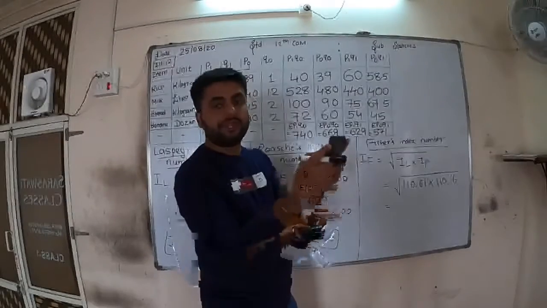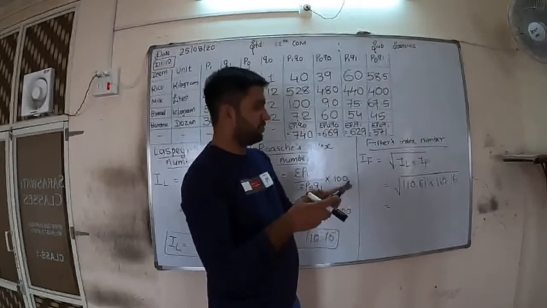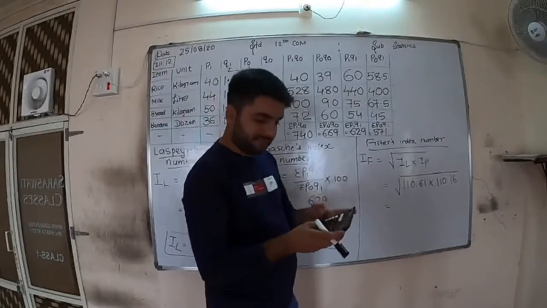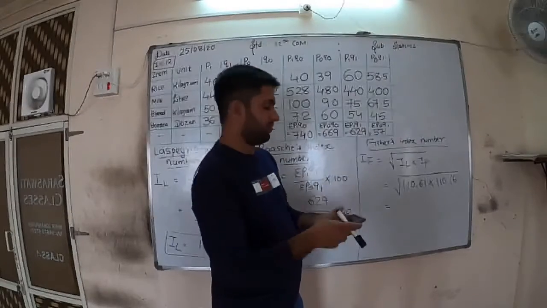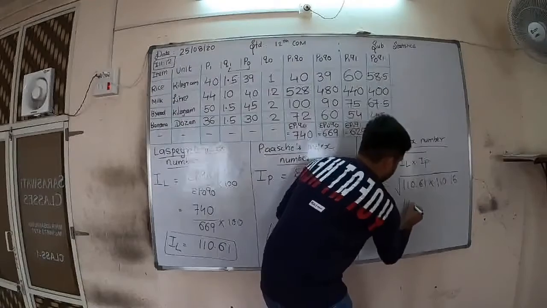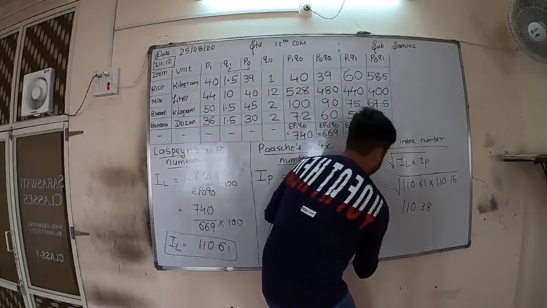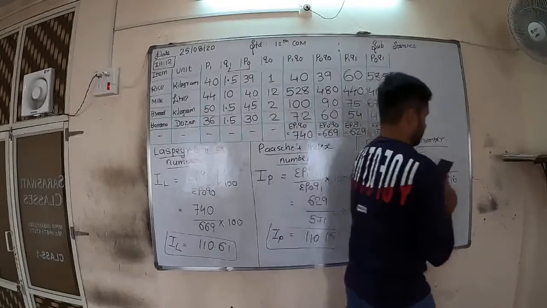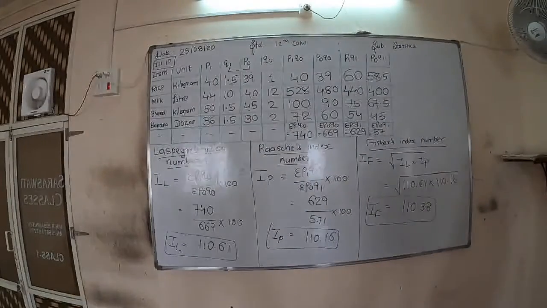We will do 110.6 into 110.16 equal to button, then square root. So 110.384. So 110.38 itself. What's the sum? Okay, see the sum.